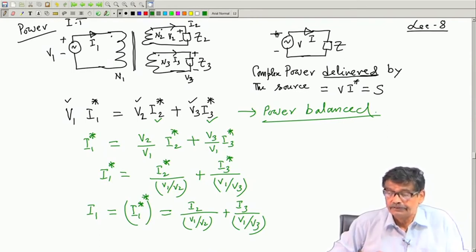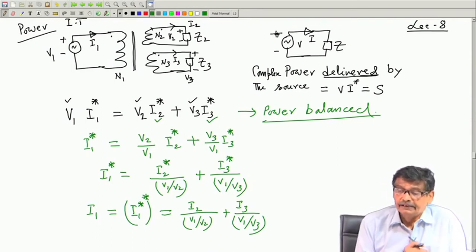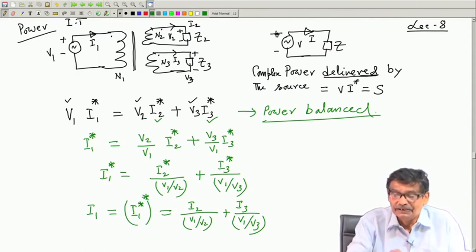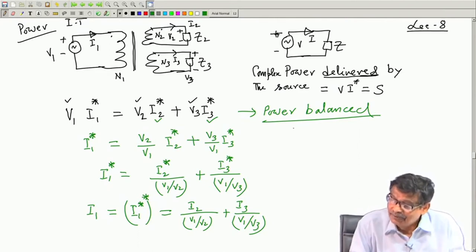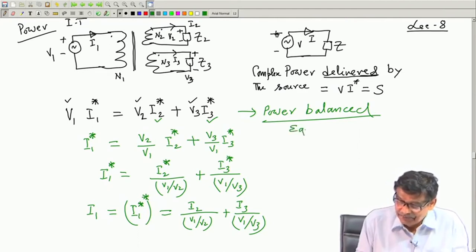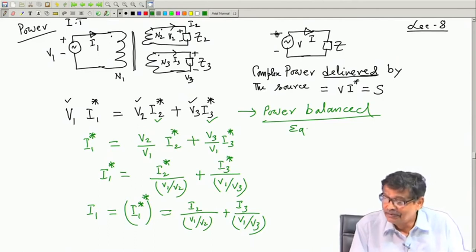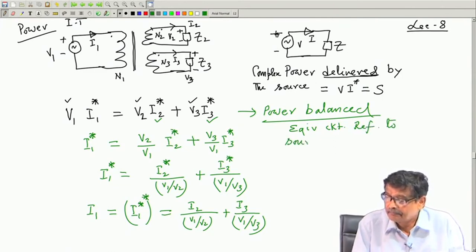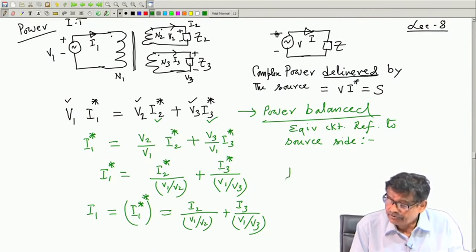You have understood this. Only thing is, if I want to draw the equivalent circuit referred to the primary side, the source side, what will it be? This equation will help me out. V1 will remain V1.